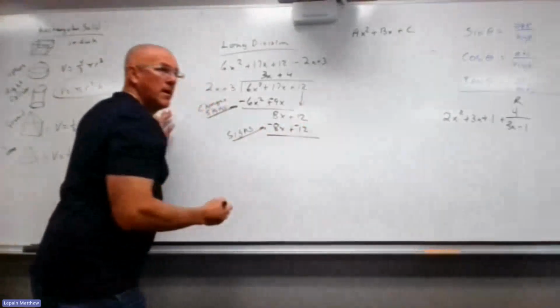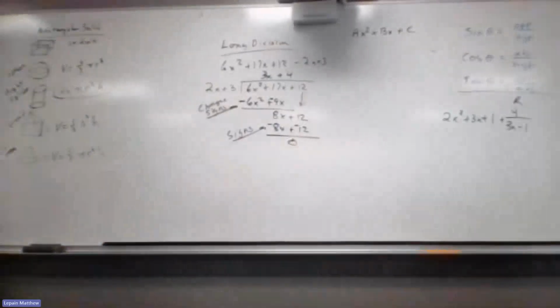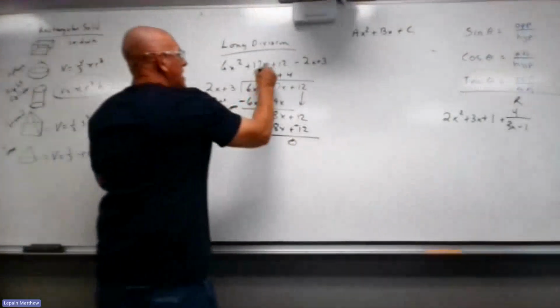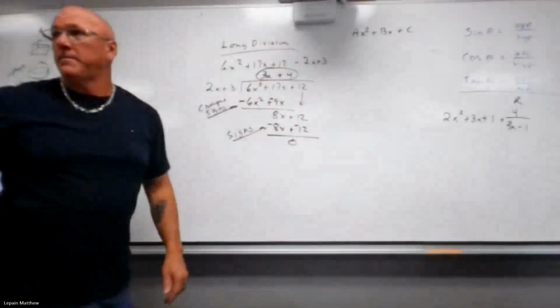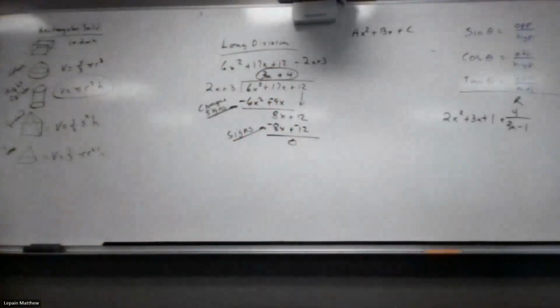Negative, negative. That comes out to 0. Beautiful thing. We don't have a remainder. This is your answer. Easy? You with me? Don't forget to change the signs, because that's where everybody screws up.